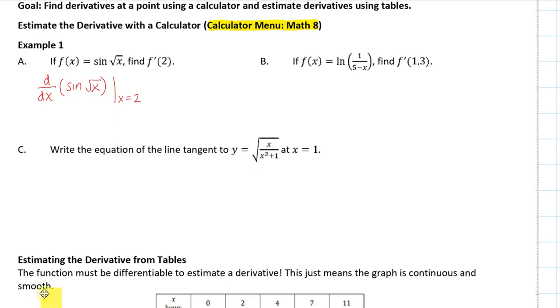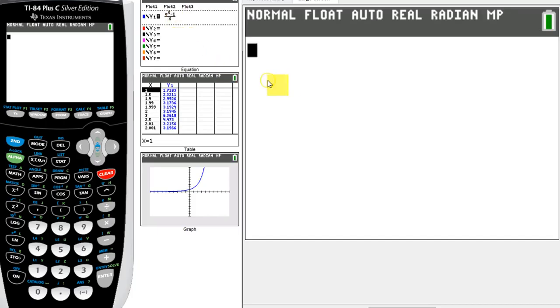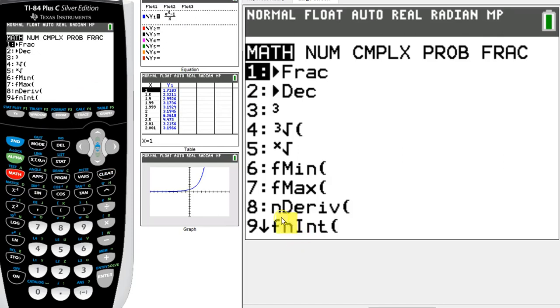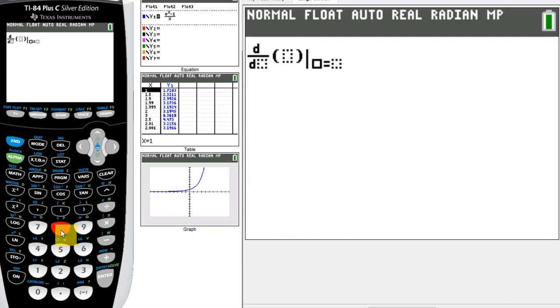So let's do that. Let's go to our calculators, grab your graphing calculator. Again, we're going to start on the main page here. We're going to go to the math menu right here on the left. You can either scroll down to number 8 where it says nDeriv, or you can just hit number 8 and you get your notation here. There's the d dx notation. We only use x in here so we don't have to worry about the other parts. We want to type in our function, sine of the square root.